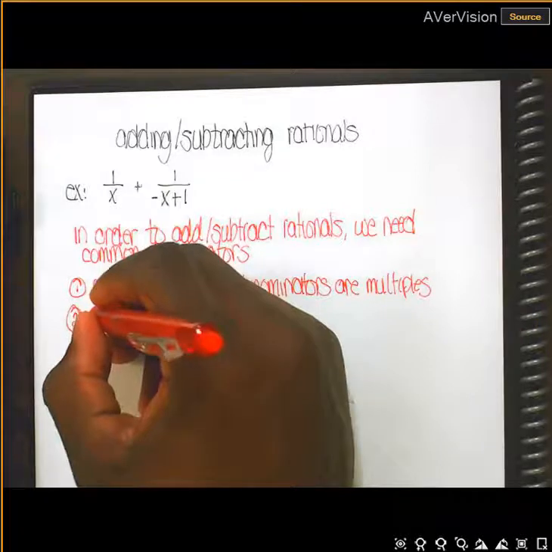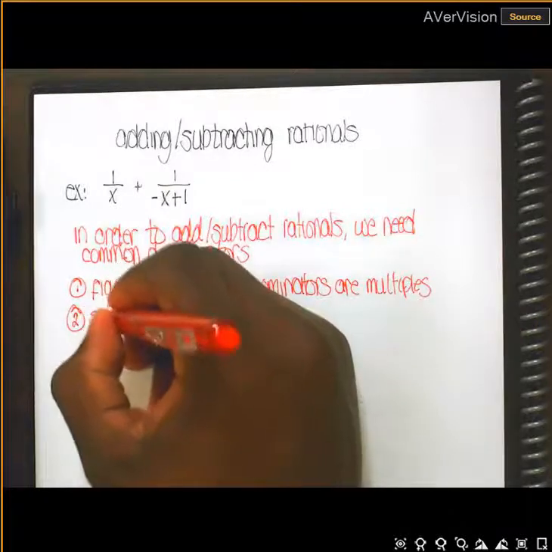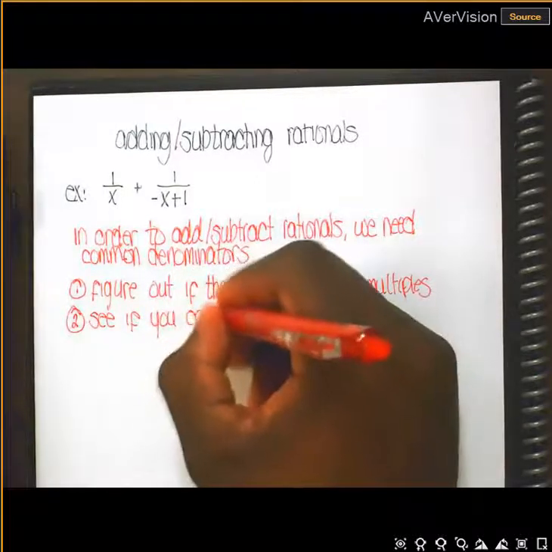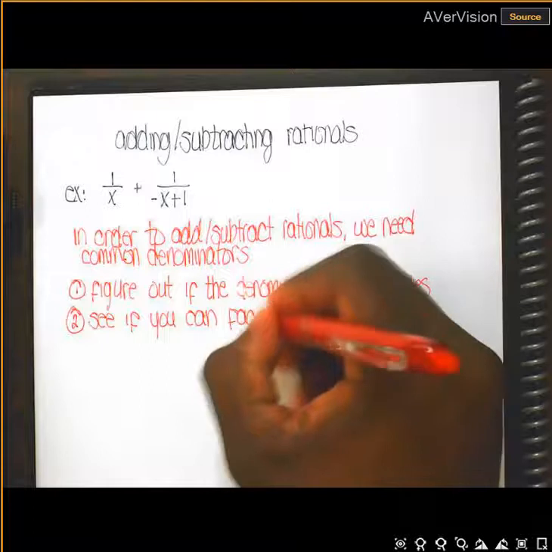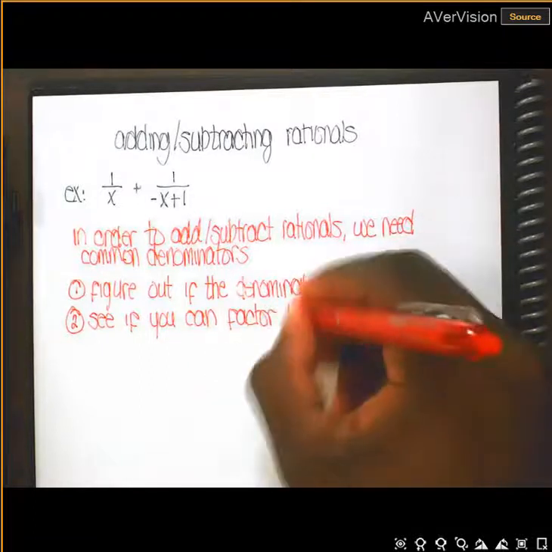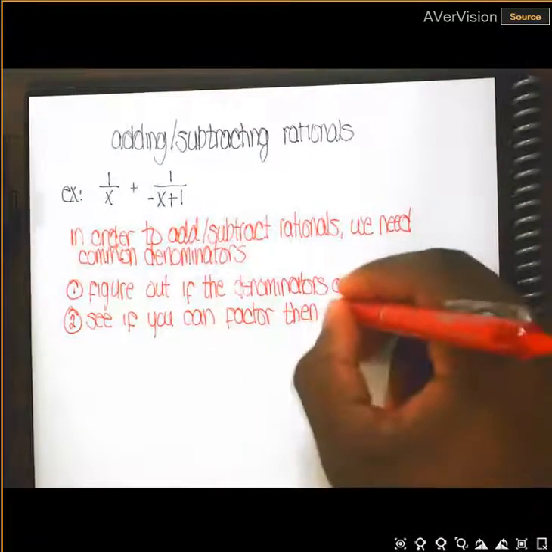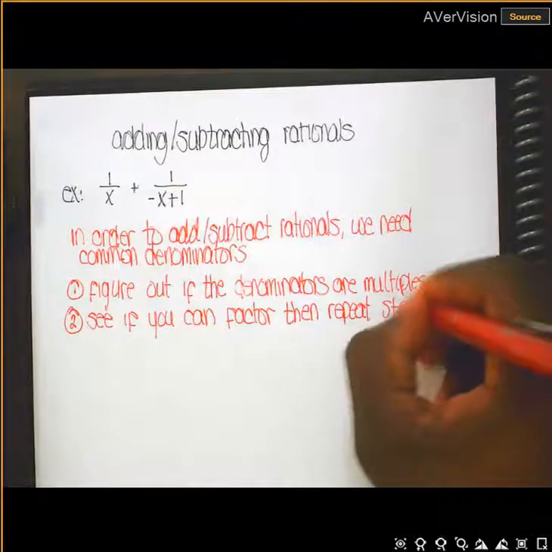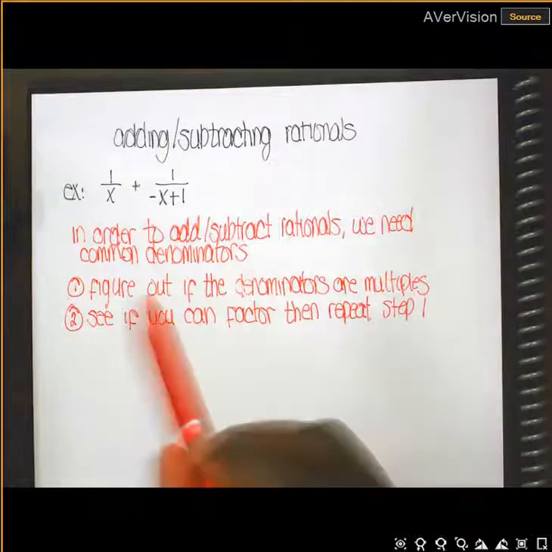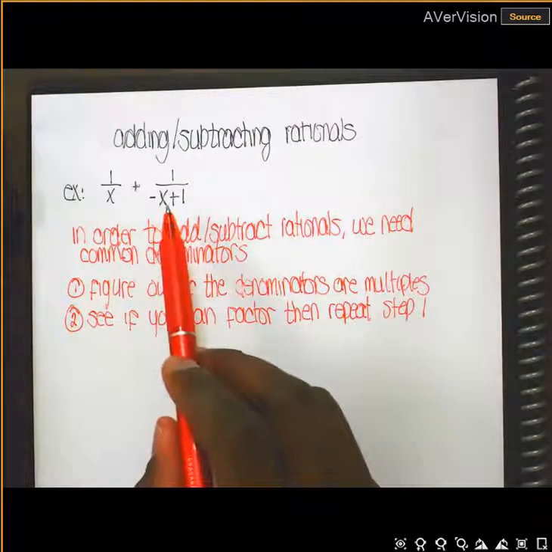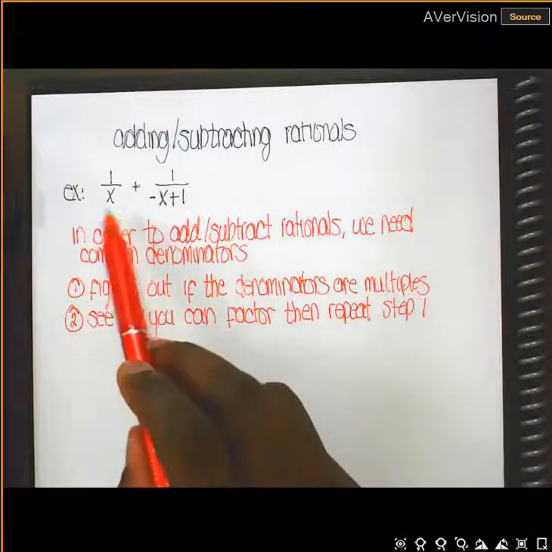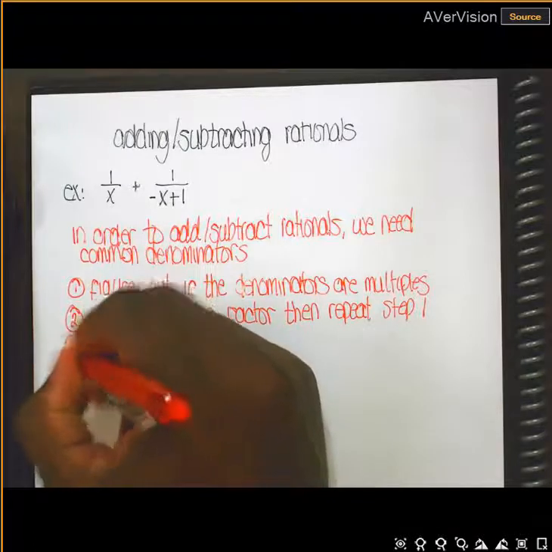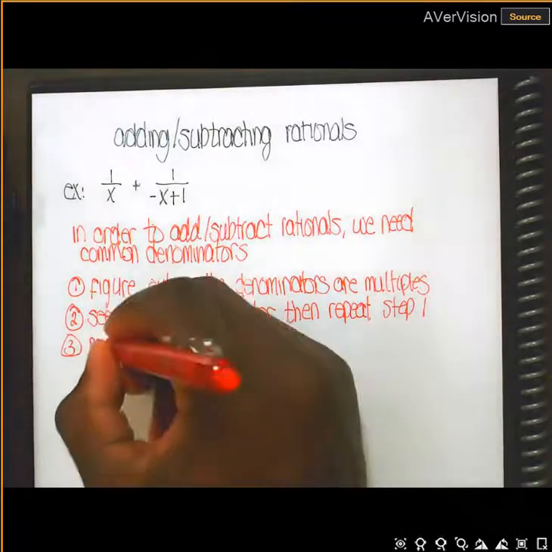Second thing is see if you can factor. If we can factor these, we would factor it and then go back and see if there's anything we can multiply to each one to get them to be the same. And if that doesn't work, just multiply.